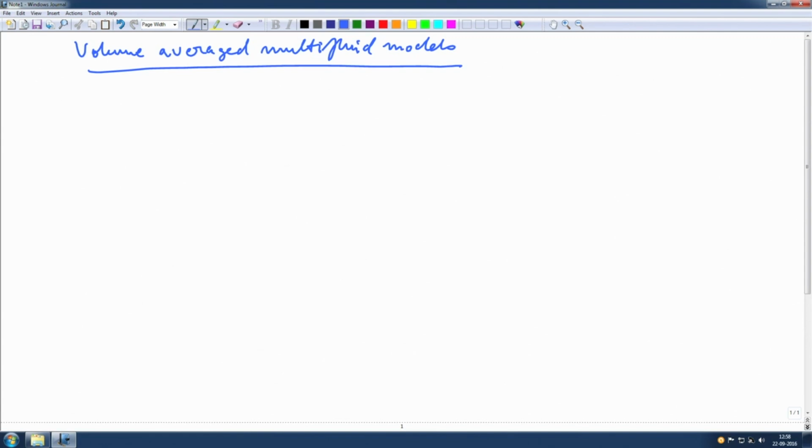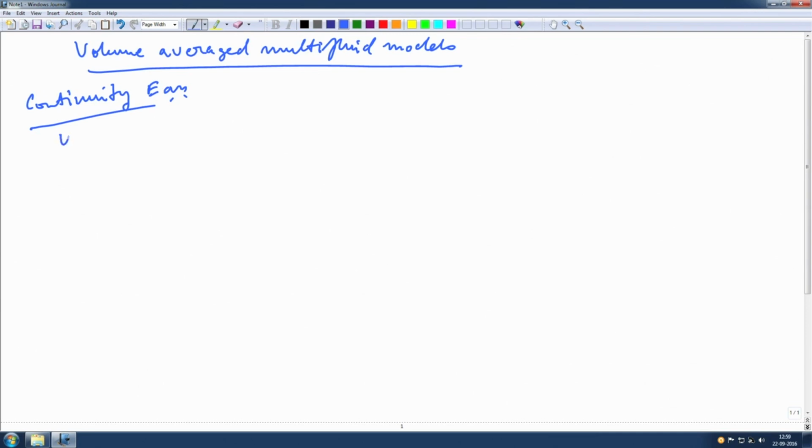So, for the continuity equation, we will just introduce it and then we will take it up in the next lecture. The volume averaged multifluid equation means you are doing the volume averaging for each of the phases and each of the fluid components, basically the phases over here.